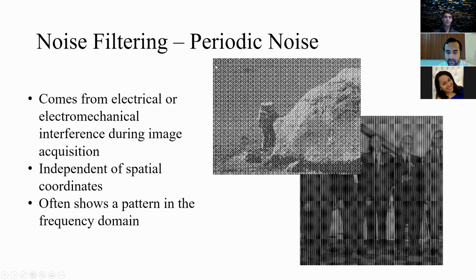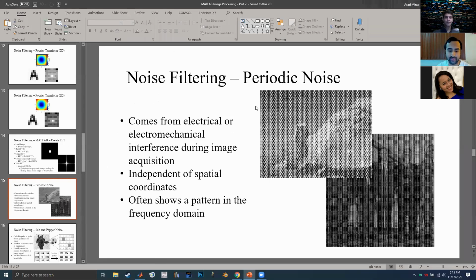So the noise that you see in one part of the image should be the same as in another part of the image. It doesn't actually depend upon where you are in the image. It seems to have a pattern that repeats everywhere. And this pattern, because it's repetitive in the image space, will really highlight and show itself in the Fourier frequency space. So let me just go ahead and show you this.